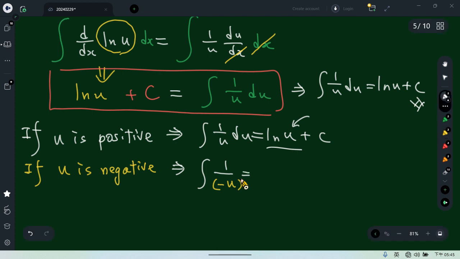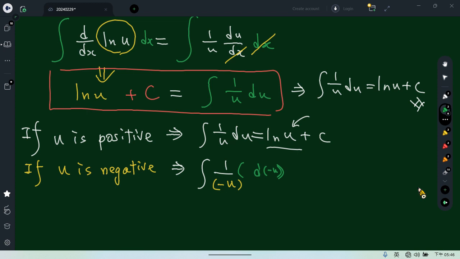But you just add a negative here, so we can change it as negative d of minus u, right?